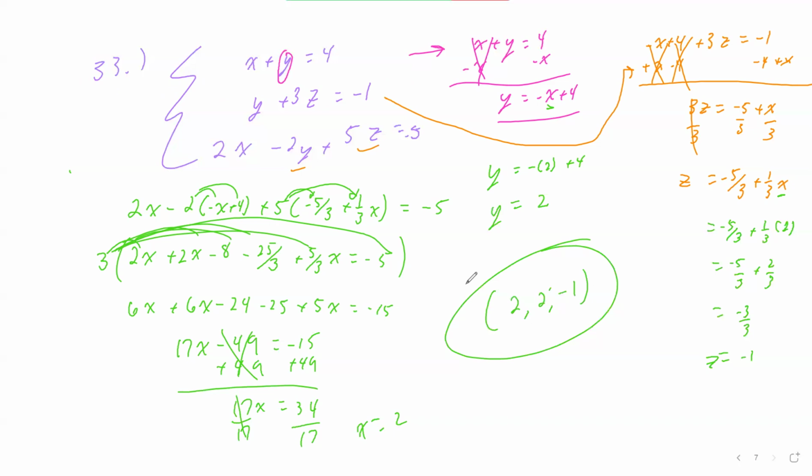Next one I want to show you is the elimination method. So let's look at number 35. We have our three equations: 3x minus y plus z equals 2, negative 6x plus 2y minus 2z equals negative 4, and negative 3x plus y minus z equals negative 2.